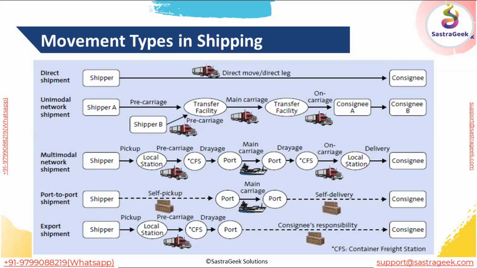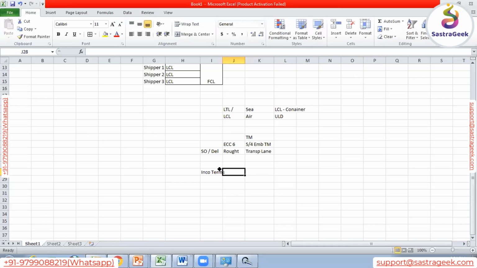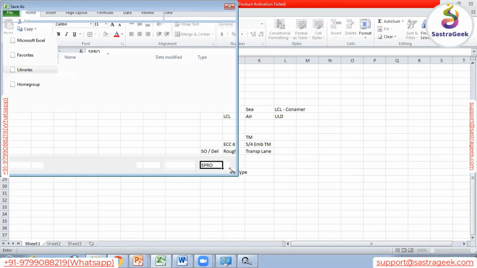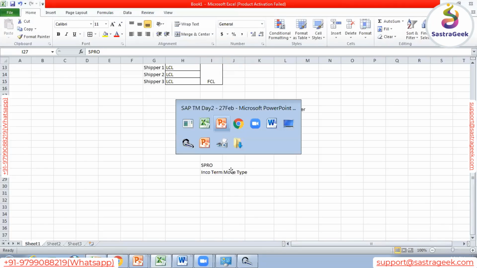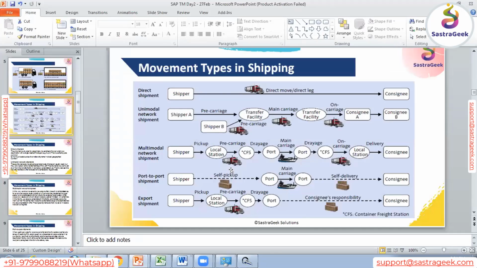In TM, basically based on your Incoterm, your movement type is determined. It's a configuration available in SPRO. I hope everybody is with me so far.